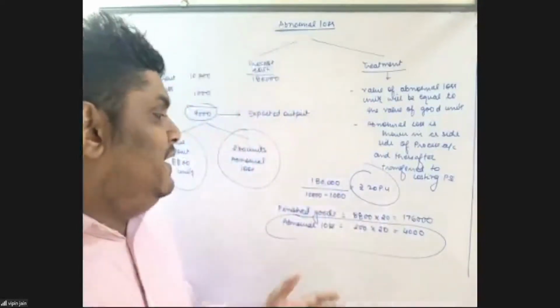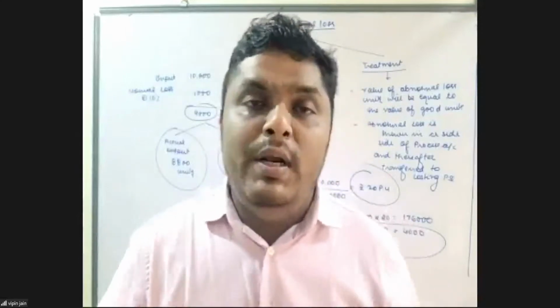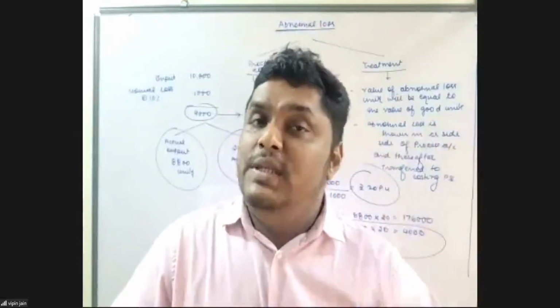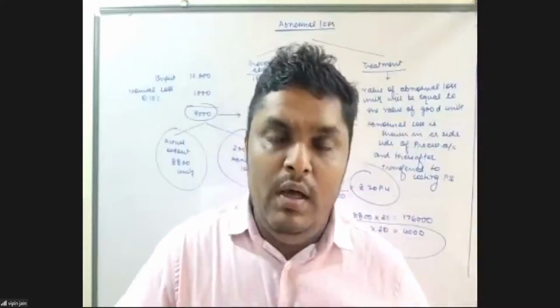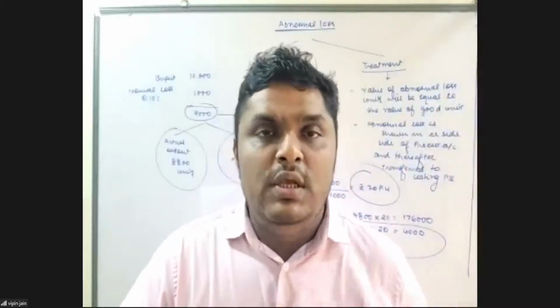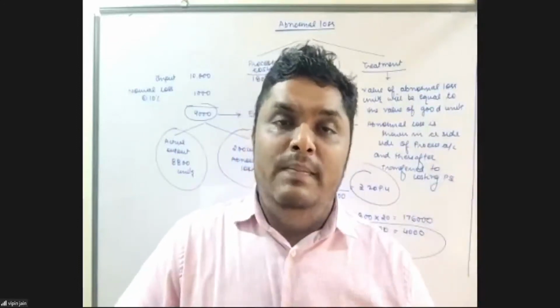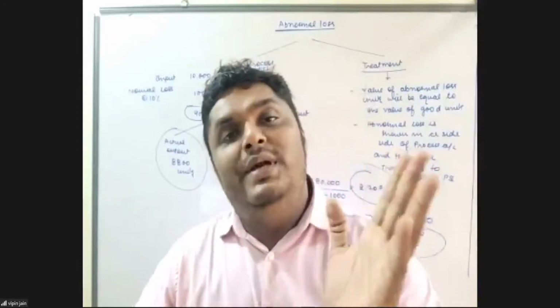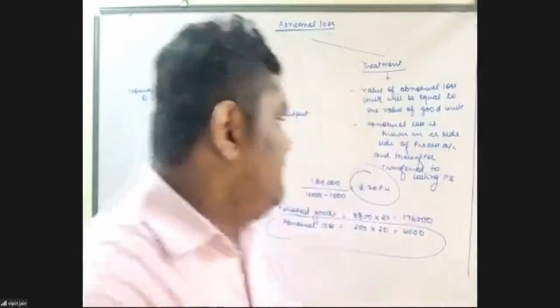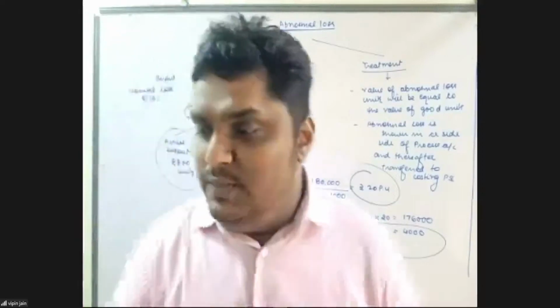If you guys have any doubts in this part, you can please post your queries. When talking about abnormal loss, guys, abnormal loss से product cost inflate नहीं होगा. The value of abnormal loss will be equal to the value of good units. It will be shown on the credit side of process account, and thereafter it is to be transferred to costing P&L. If you guys have any doubts in this part, please post your query.